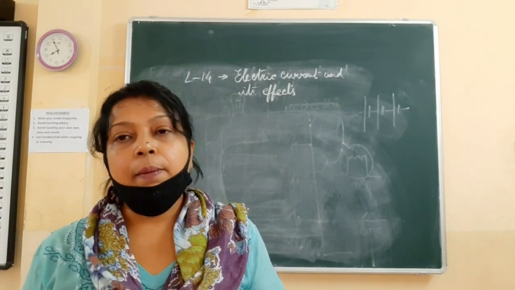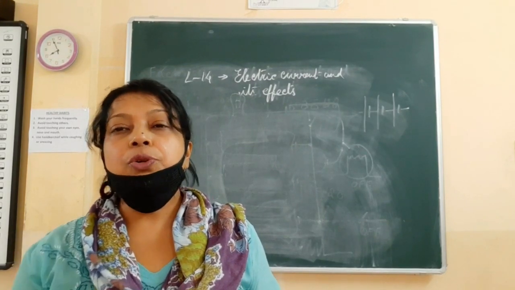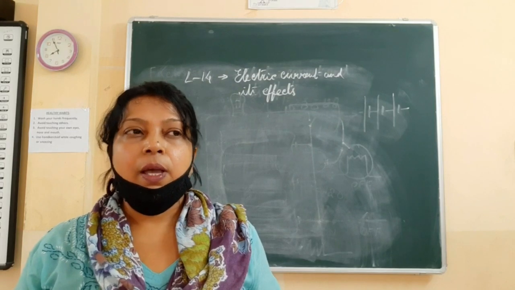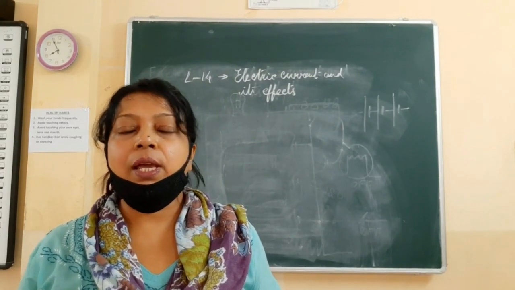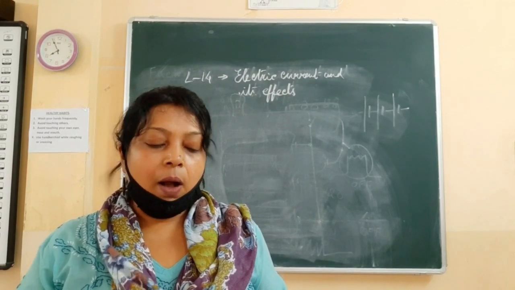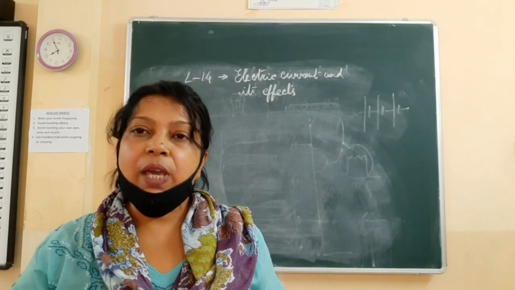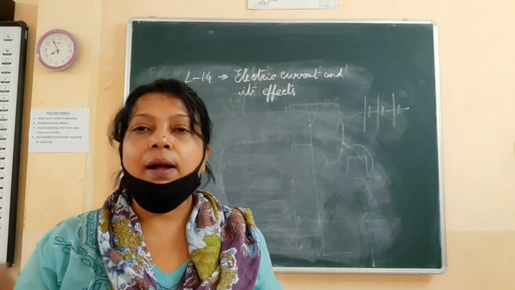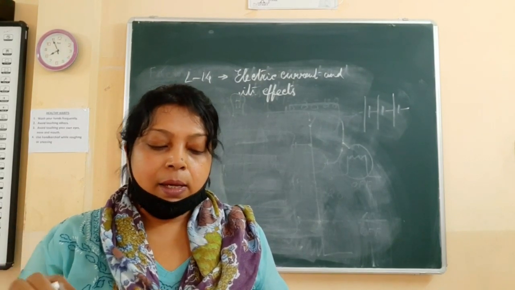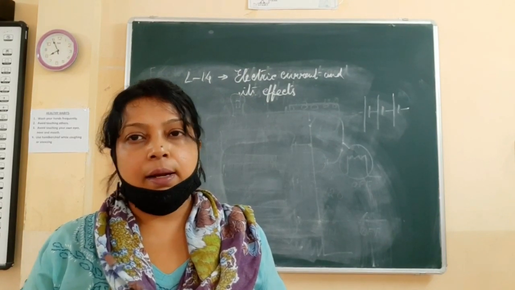So what is a simple electric circuit? Before that we should know what electricity is. The flow of electrons is known as electricity. Now the path along which the electric current can flow is called the electric circuit.